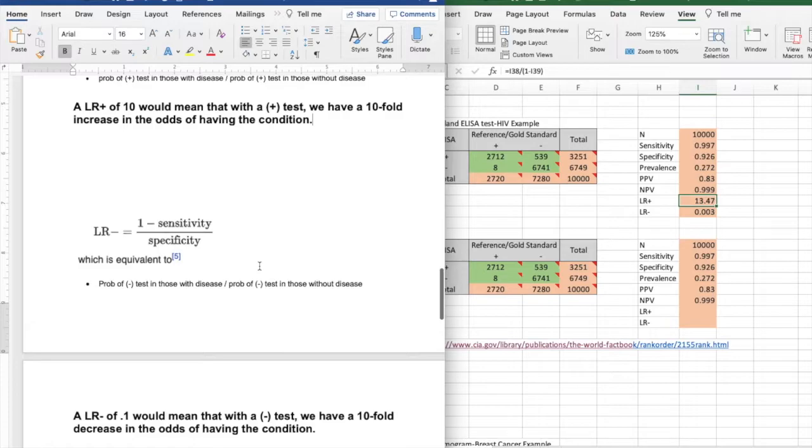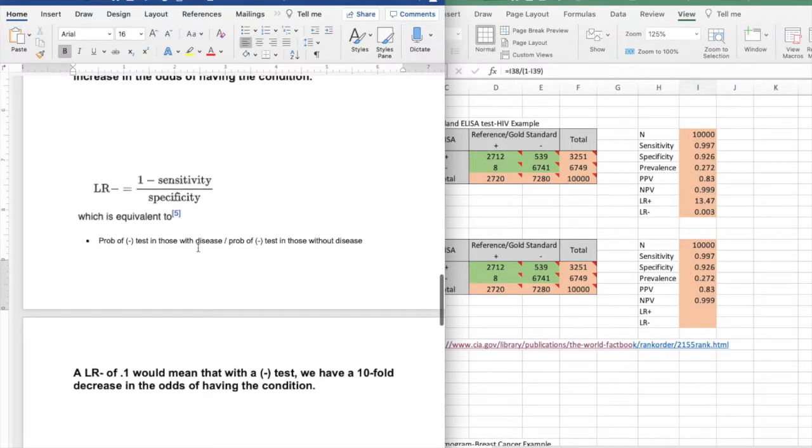A negative likelihood ratio is referring to a negative test result. And that's calculated this way, which is the probability of a negative test in those with the disease over the probability of a negative test in those without the disease.